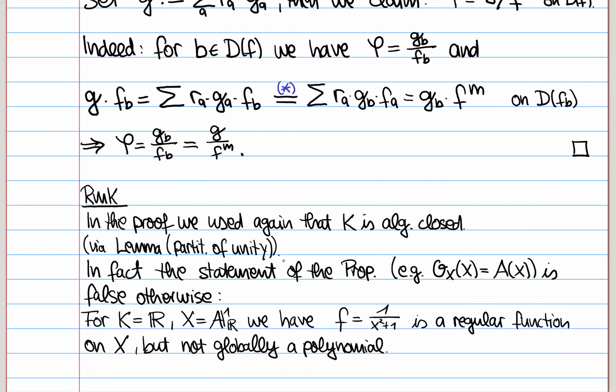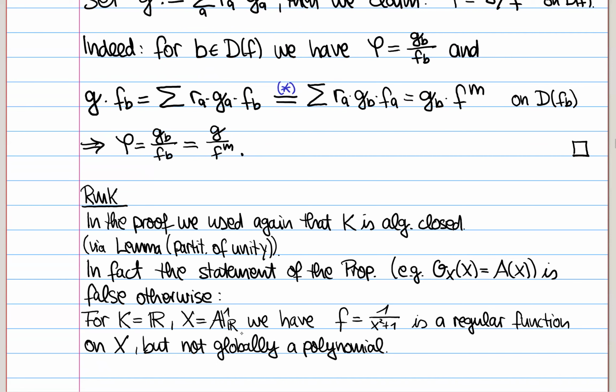And it turns out that the statement of the proposition is just false if for a moment we drop this assumption. In particular, one part of the statement was that if we set f to be 1, then we saw that the regular functions on X are exactly the polynomial functions. And we can see a counterexample to this for a non-algebraically closed field. Namely, take K to be the real numbers. So X is the affine line of dimension 1 over the real numbers.